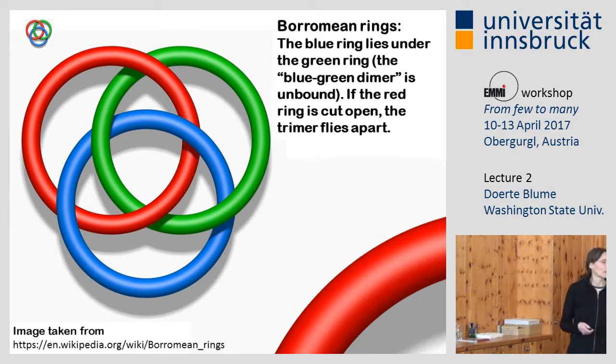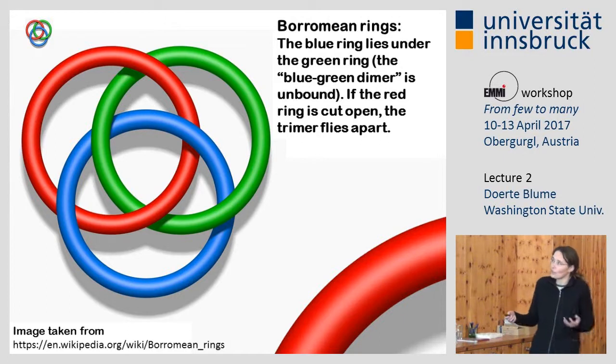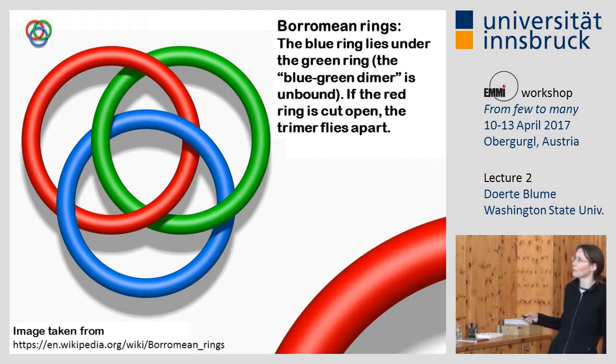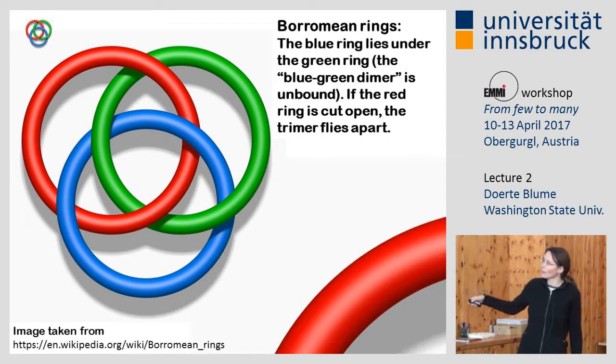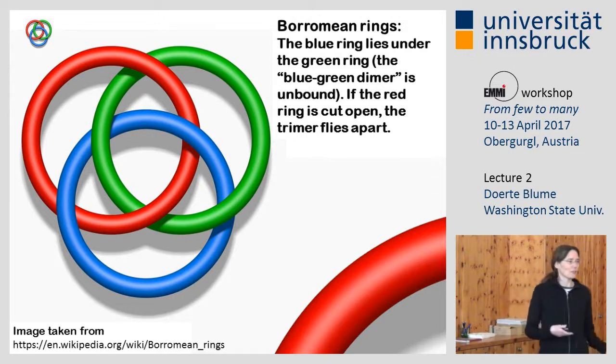If we do have an infinitely large scattering length, the dimer is just at the verge of being bound or not bound. So if we look at these rings, we see that the blue ring is really sitting underneath the green ring. If we take away that red ring, cut it open, then the blue-green dimer is actually unbound.